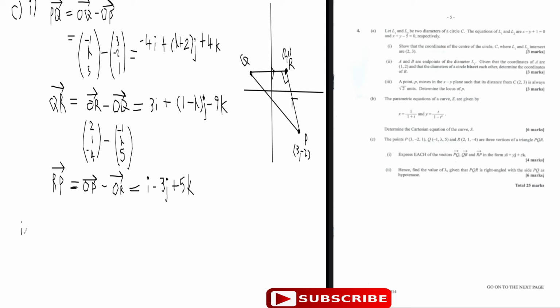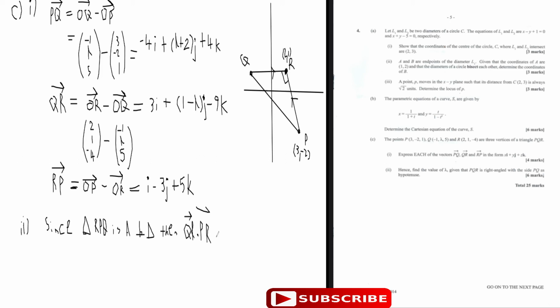Looking at the diagram, since triangle RPQ is a right angle triangle, what that is telling us is that the dot product QR dot PR must be equal to 0.